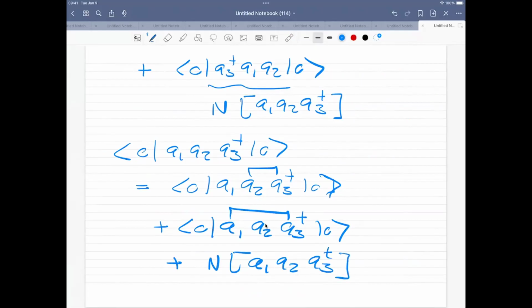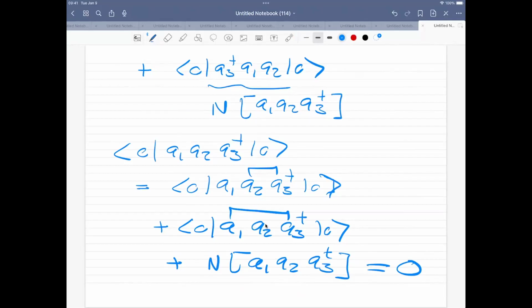And in our case, we end up with a plus sign because we interchange 3 with 2, and we interchange 3 with 1. So we've done 2 interchanges, and each one gives rise to a minus sign. And that follows from the anti-commutation rules. So what you see here is a more compact way of writing this expectation value, or this transition probability. And that is obviously equal to 0.